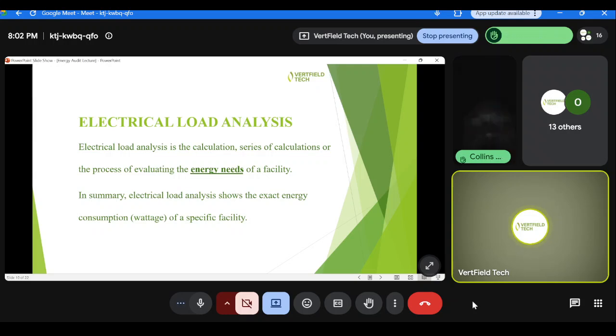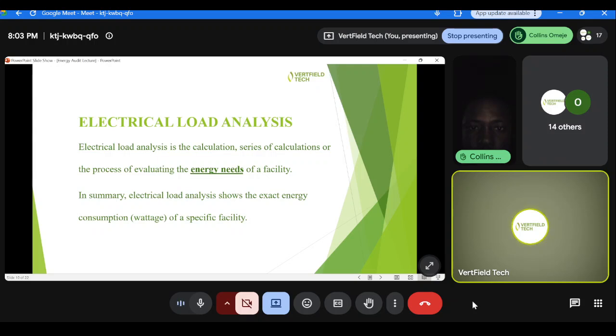This is the point where you get to learn real system design by having a proper idea of what we call electrical load analysis. Remember, in the beginning of this class, we told you clearly that energy audit helps you to take care of the energy need of your facility, by telling you the amount of energy being consumed by your facility as a result of the various appliances being powered by the solar system.